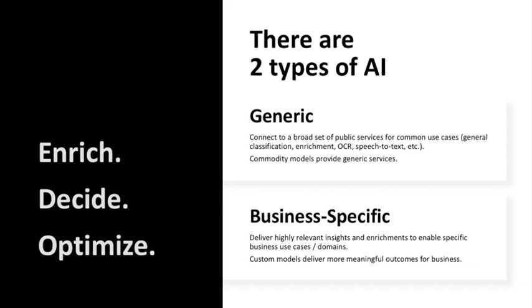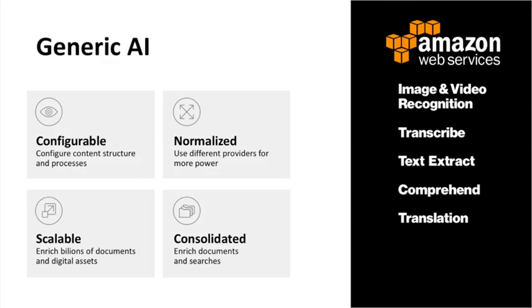So if you think about generic AI, something like Amazon Web Services, you've got things like image and video recognition, the ability to transcribe video, extract text, and do some automated translation. A lot of these generic services are configurable to a certain content structure, and they definitely scale.